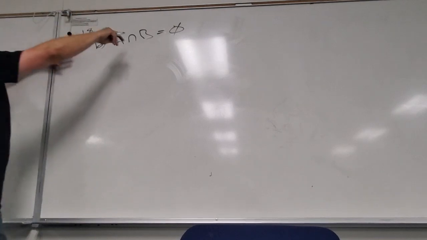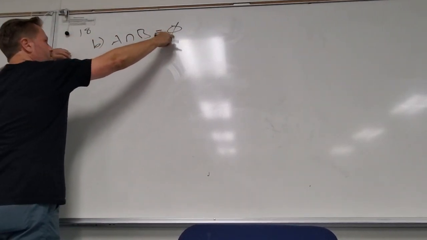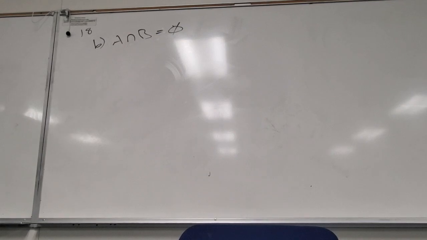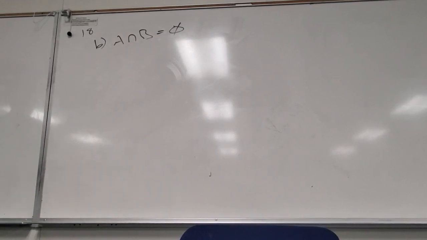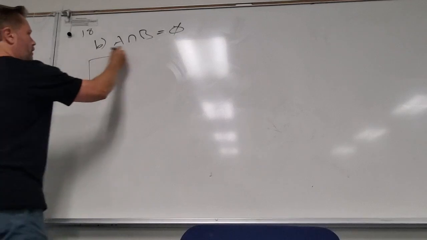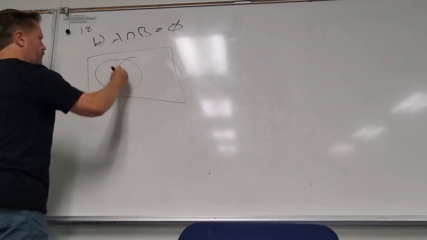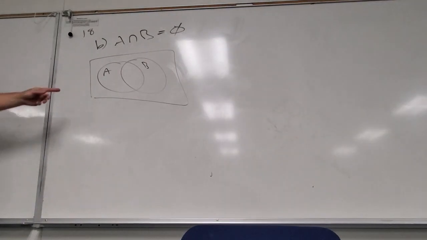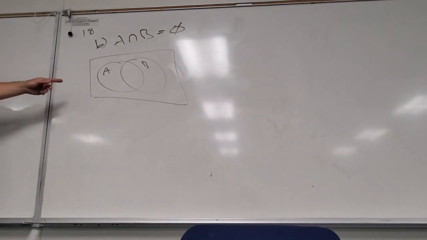That's fine. So what does this mean? When I intersect those two sets, what do I want to be in there? Nothing. So what does that mean visually? Do these two sets have an intersection? Can you point to it?